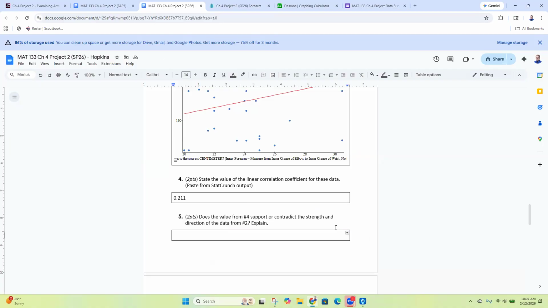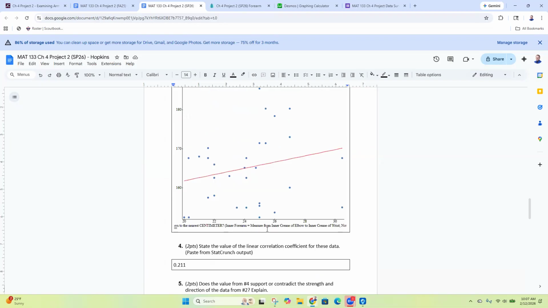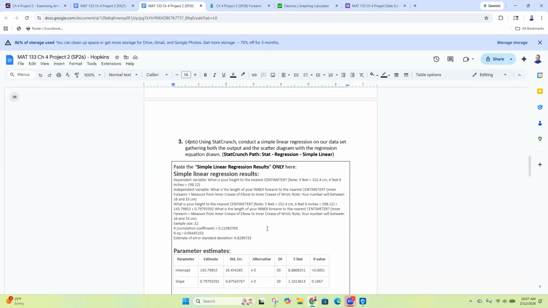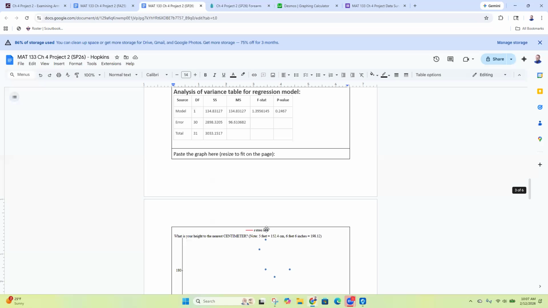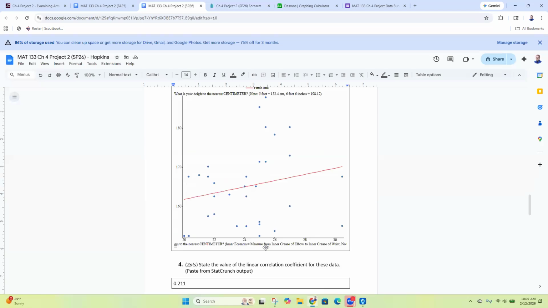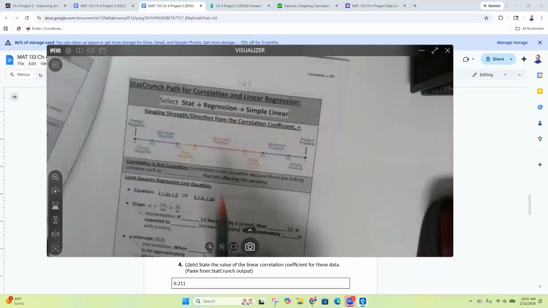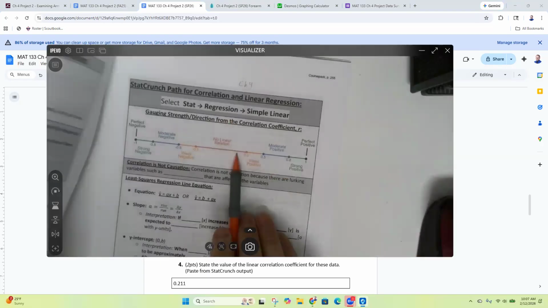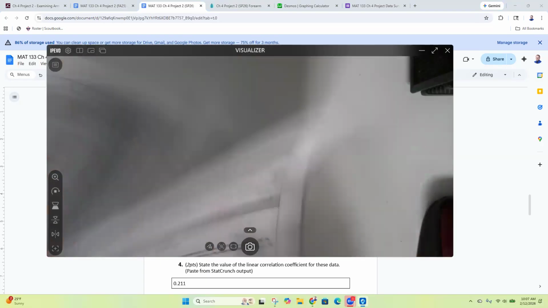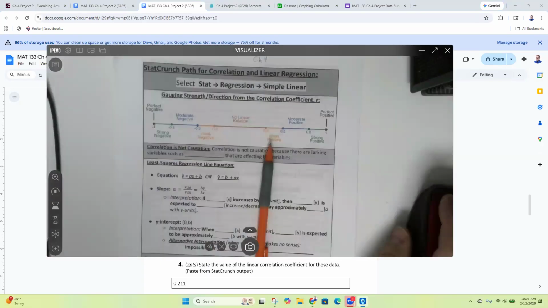Does the value from number 4 support or contradict the strength and direction of the data from number 2? So number 2, we said it was moderate positive. And 0.211, where does that land on our number line? I think that's no linear relationship. Yeah, it is. So it's not even weak. Weak was going to be my guess, but okay.